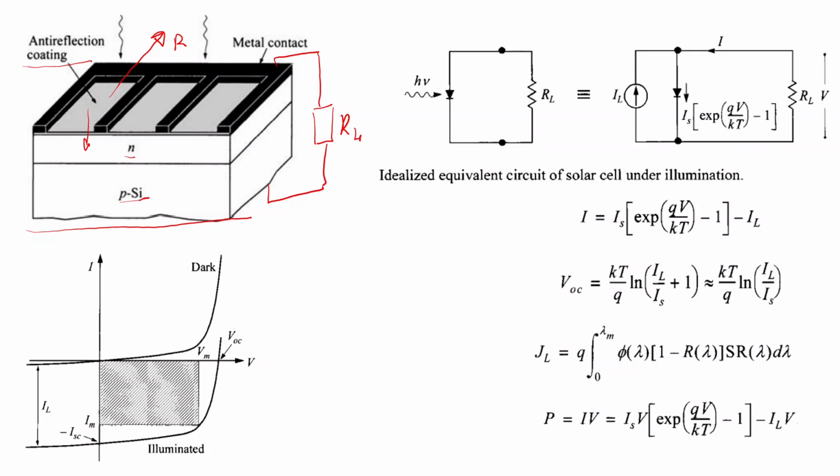And from one side we want to have very good collection of these charge carriers, but from the other side we don't want to cover the solar cell surface, because this region where we have the metal grid is a shaded region. So here underneath, like here, here, here, we don't have any light.